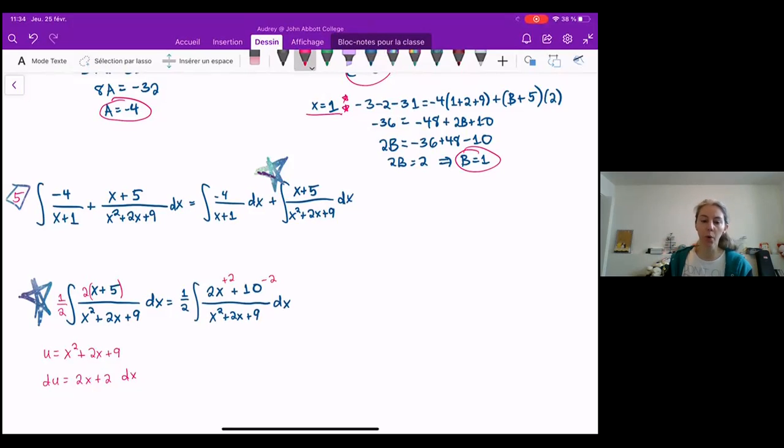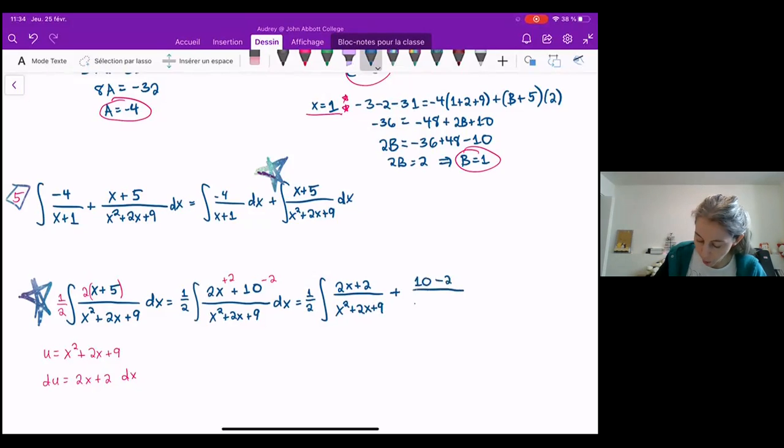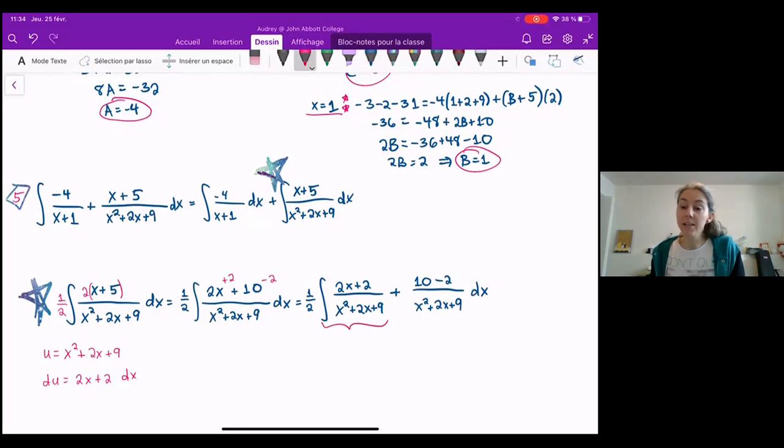So I'll have 2x plus 2 plus 10 minus 2 over x squared plus 2x plus 9, which results in 2x plus 2 over x squared plus 2x plus 9 plus 10 minus 2 over x squared plus 2x plus 9. And so now I want you to notice that this part right here has turned into something where the substitution works. So we're going to call this smiley face here.